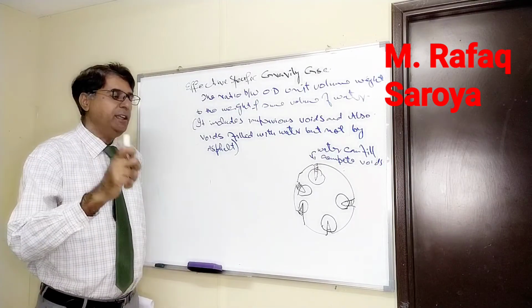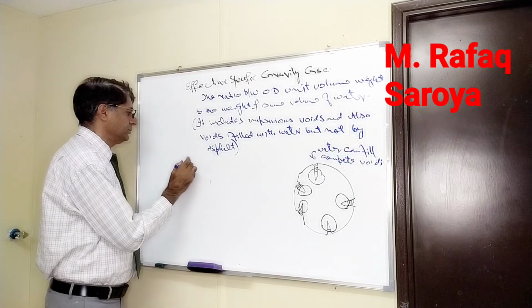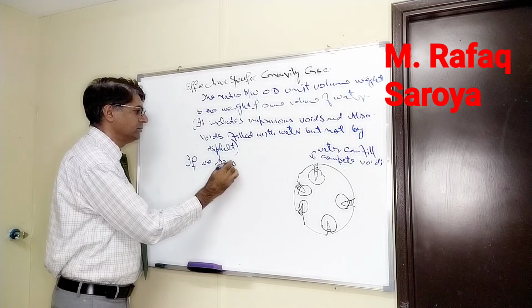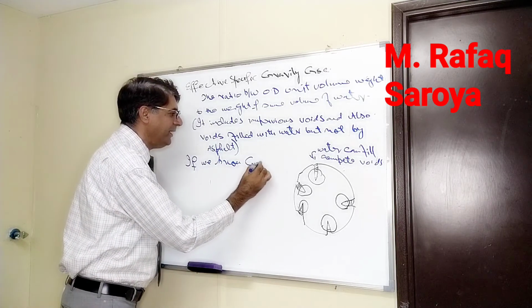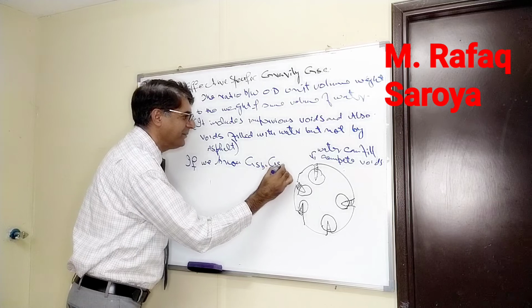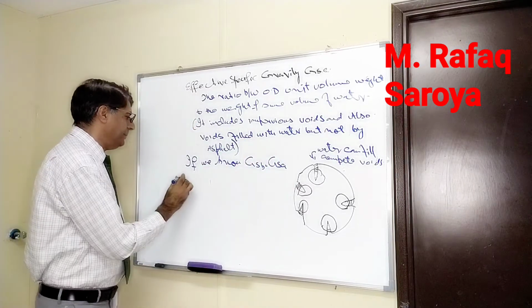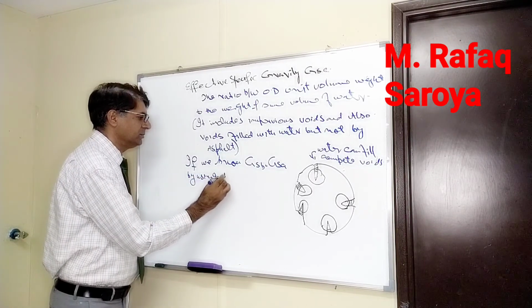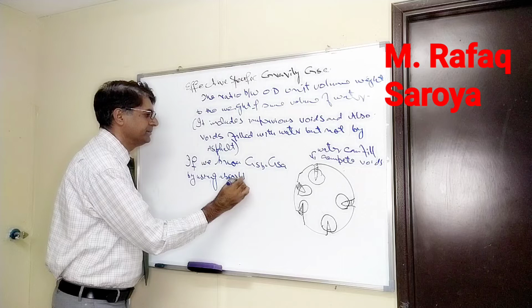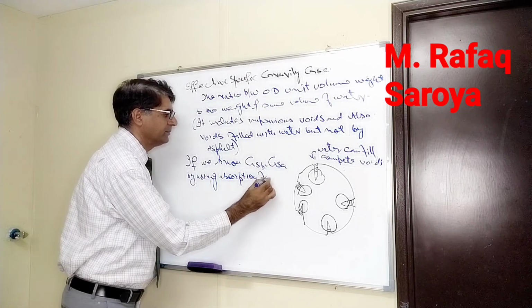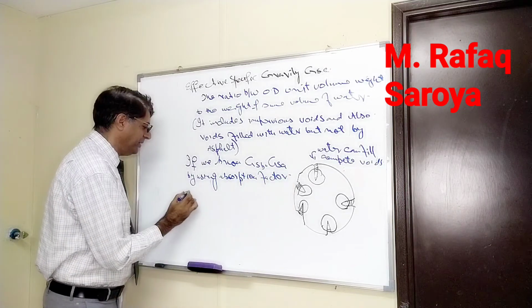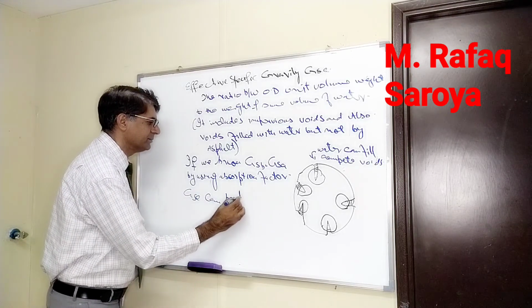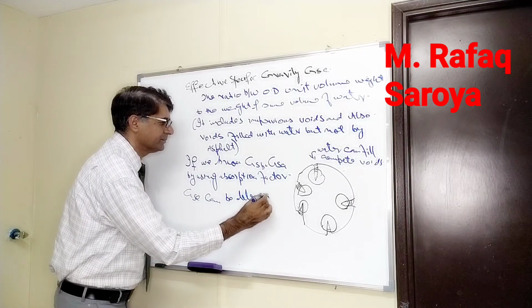It means that if we know GSB and GSA, and by using an absorption factor, GSE can be determined. Clear?